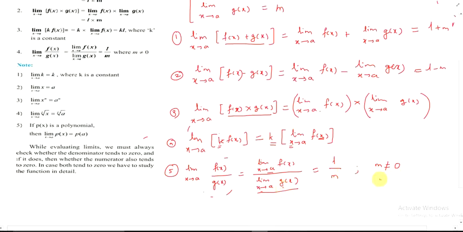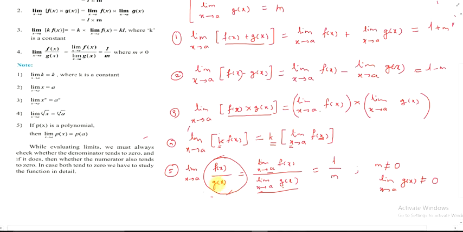That is, the limit as x tends to a of g(x) should not be equal to 0. If it is equal to 0, then the limit of the original function does not exist. It remains undefined, and we do not want this.